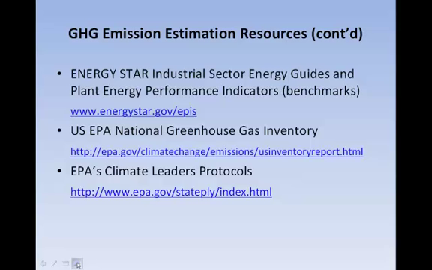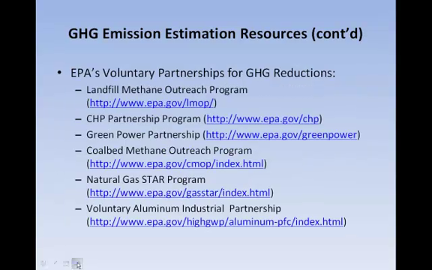All of these websites are listed on this slide. Lastly, EPA has gathered extensive information on how best to determine greenhouse gas emissions through the voluntary partnerships of greenhouse gas reductions. Here are a number of references and the websites where they can be found.